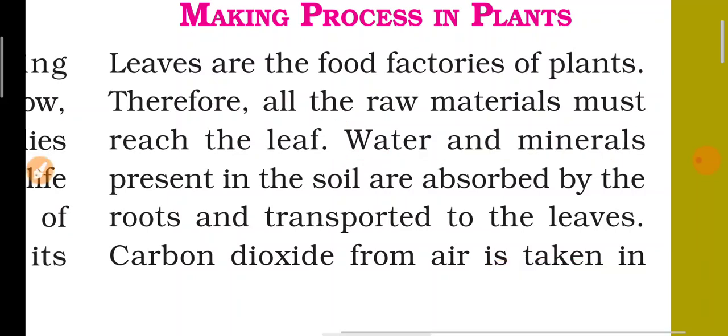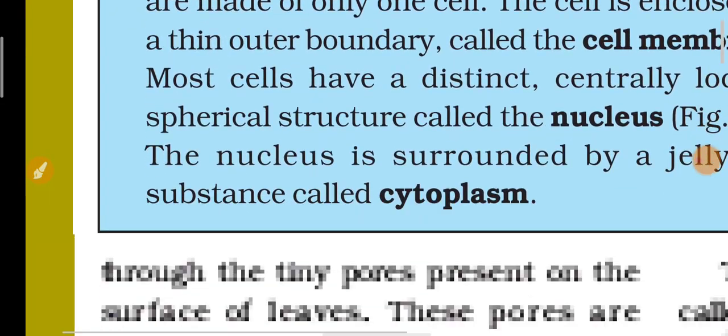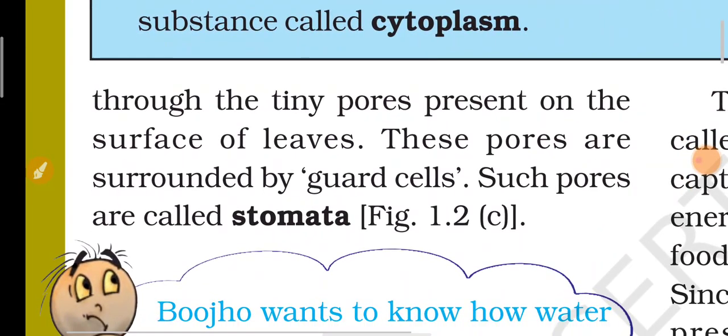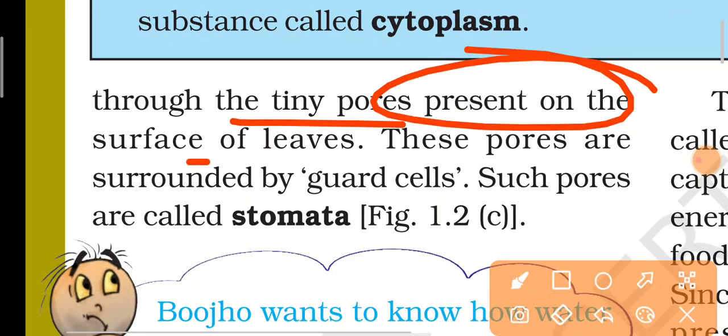Carbon dioxide from air is taken in through stomata. So the carbon dioxide, that is CO2, which is present in the air or in the atmosphere, is taken into plants through tiny pores present on the surface of the leaves.